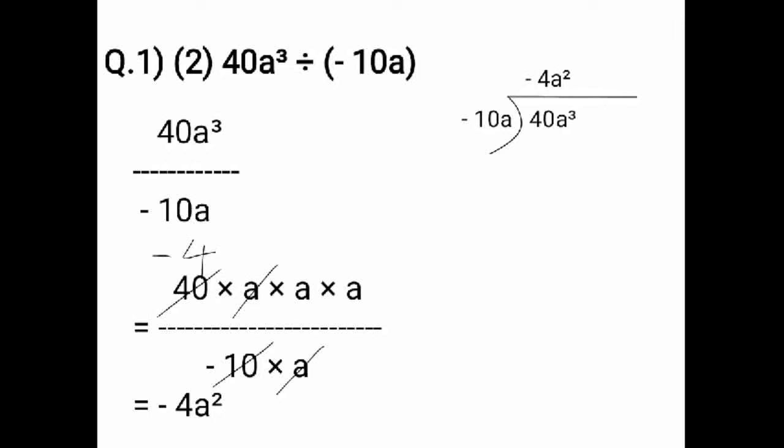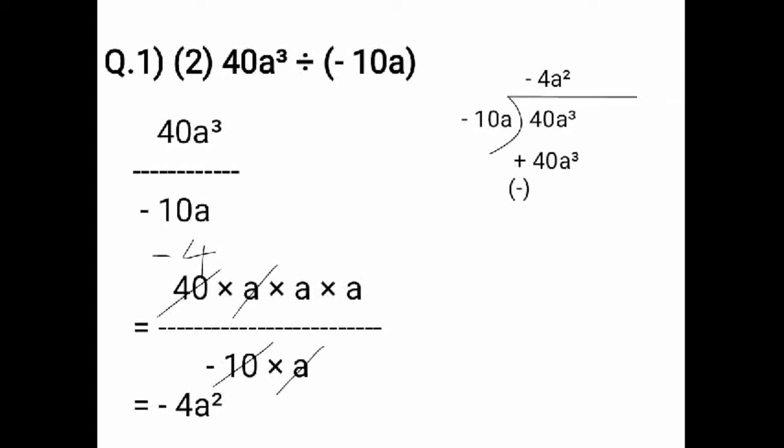Minus 10a into minus 4a square is plus 40a cube, because minus into minus is plus. Okay. Now next step you have to take the opposite sign. The plus sign is there. Plus becomes minus. Okay. 40 minus 40, answer is 0.